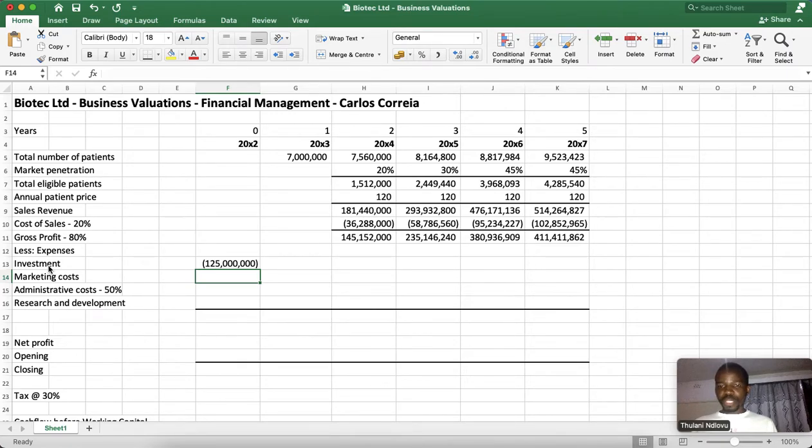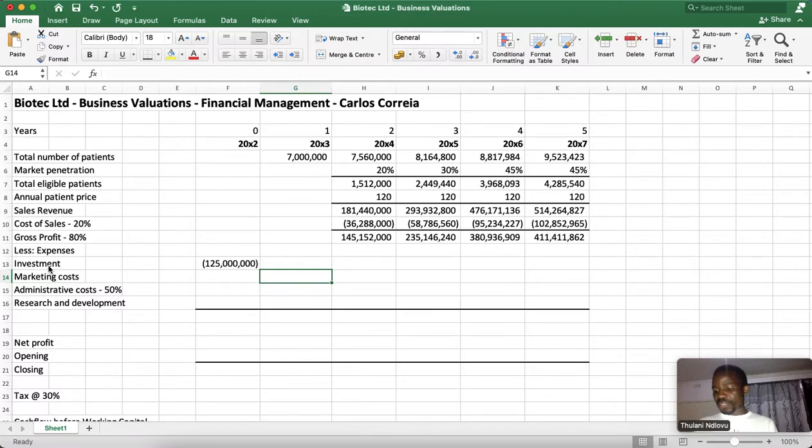Then we have to calculate now our marketing costs. We are told here that the marketing costs to be incurred will amount to 15% of sales revenue, and general support and administrative costs are expected to be 50% of marketing costs.